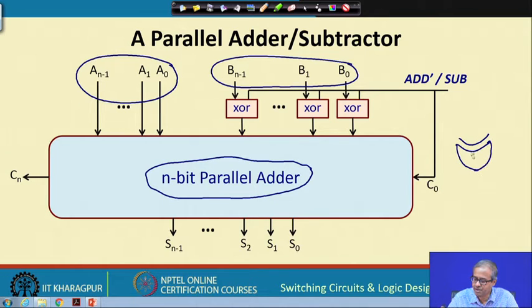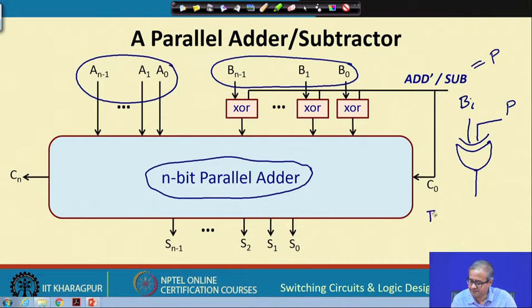Let us say the ith bit bi goes to an XOR gate, and to the second input of this XOR gate we apply a control input. Let us call this add subtract control input P. So, how does an XOR gate behave? I talked about it earlier.